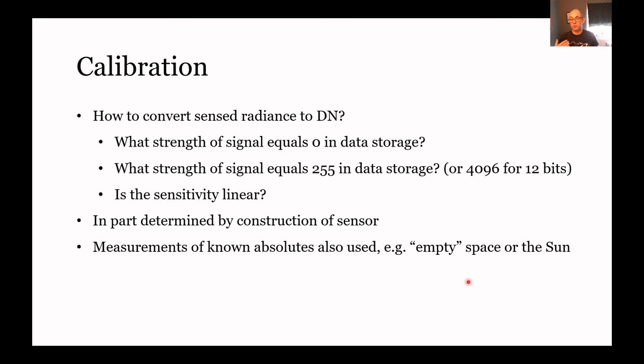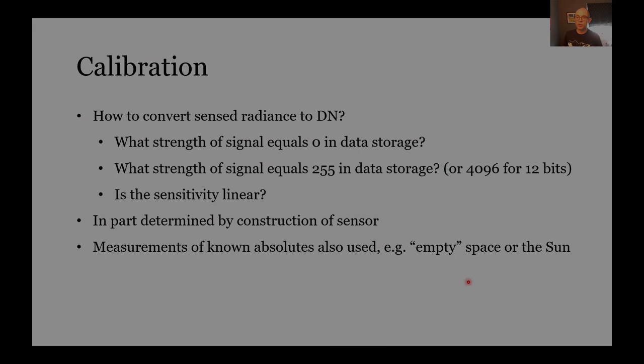We might be able to just point our sensor at open space and hope that it's dark, or point it at some known light source and say this is the maximum, or this is a particular strength of light without the atmosphere affecting it. Pointing at the sun is probably not a great idea, but pointing at some other luminous feature might help. Or we generate a signal ourselves within the satellite. So this is needed to be done in order to know what the digital number actually should represent.